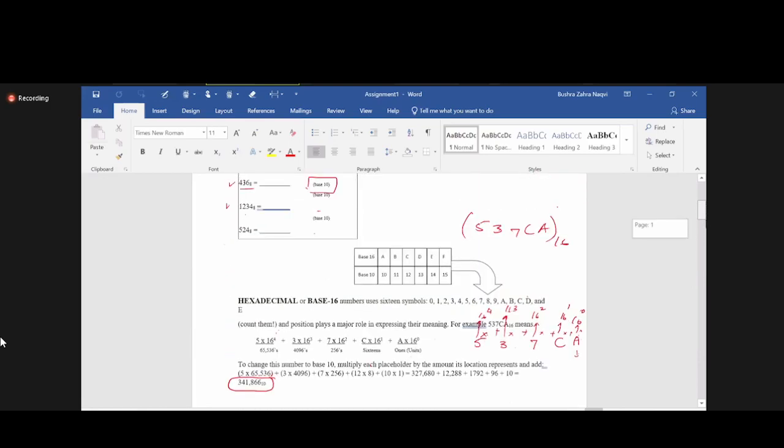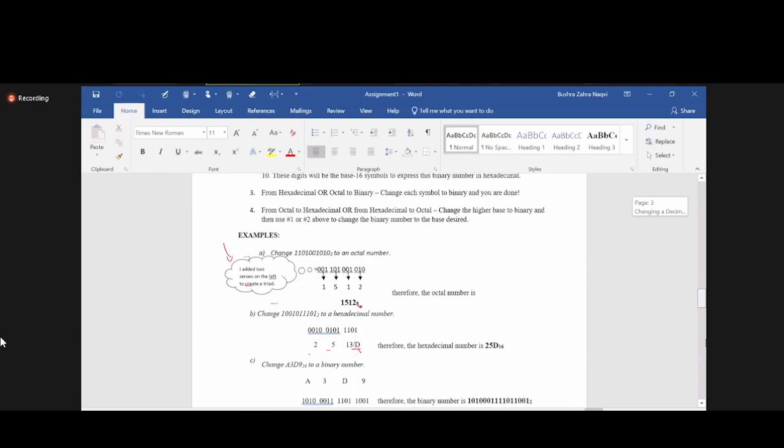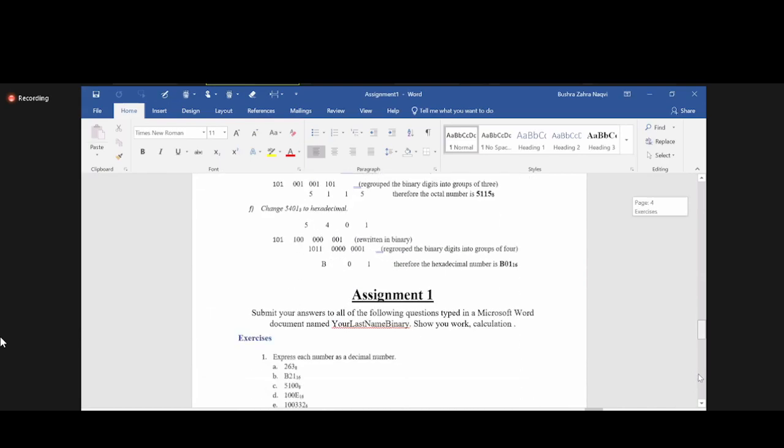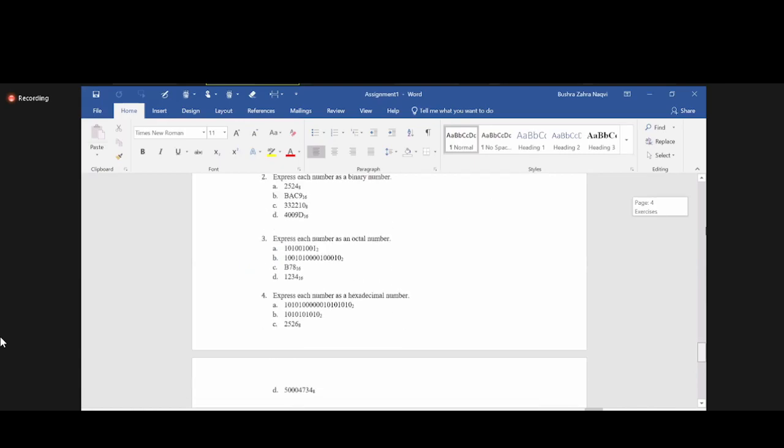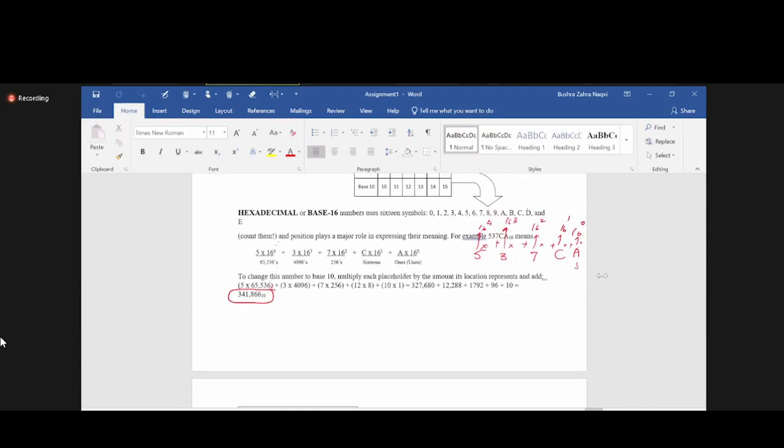I'm not accepting assignments in a handwritten format. So I'll post this assignment on D2L today, so you can look at it and answer the questions. I'll give you a few days to solve and submit it on D2L.